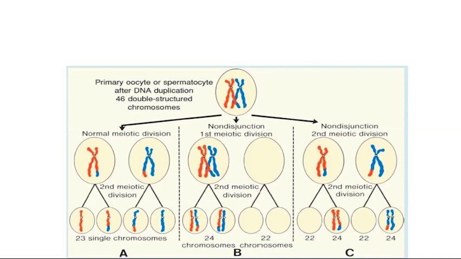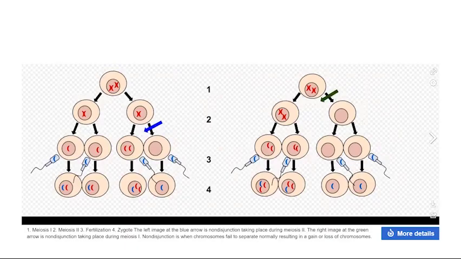So it is 45 or 47 chromosomes that are going to be there. Again, this shows you that non-disjunction, where you have these arrows, can be at any level producing an abnormality.